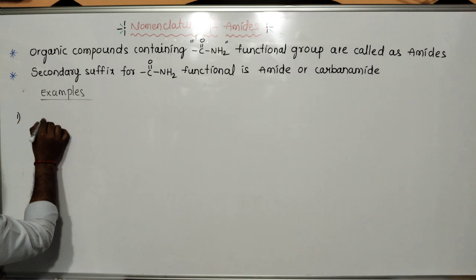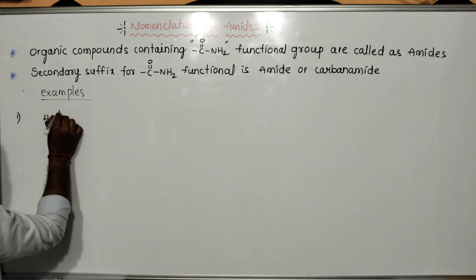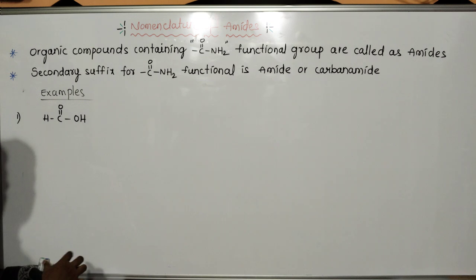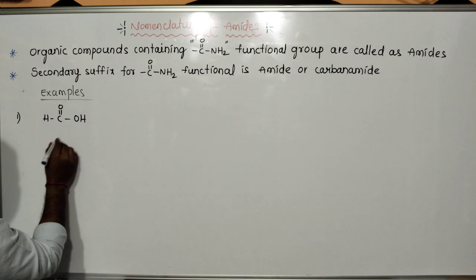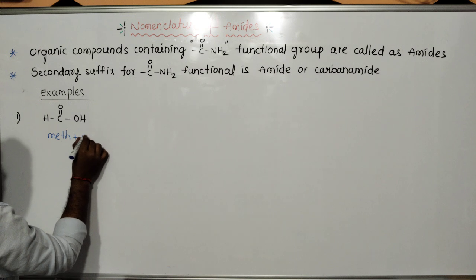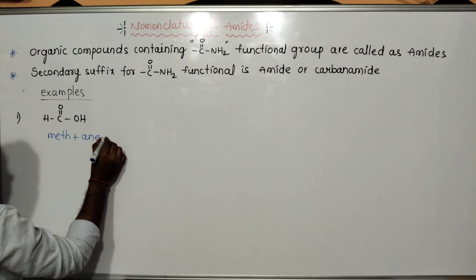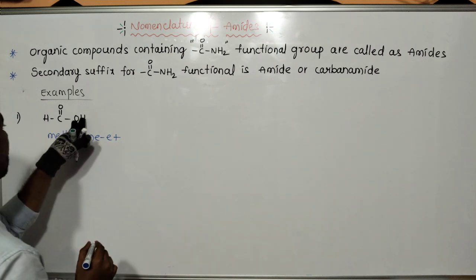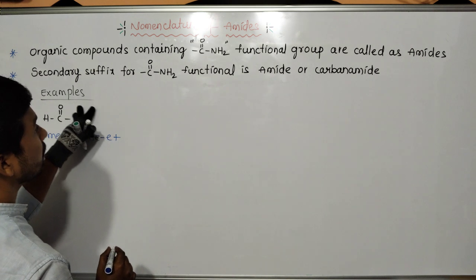Example 1, H C double bond O NH2. For this molecule, count the number of carbon atoms. Only one carbon atom, meth, primary suffix an, remove e, and... sorry, this is amides, this is not carboxylic acid.